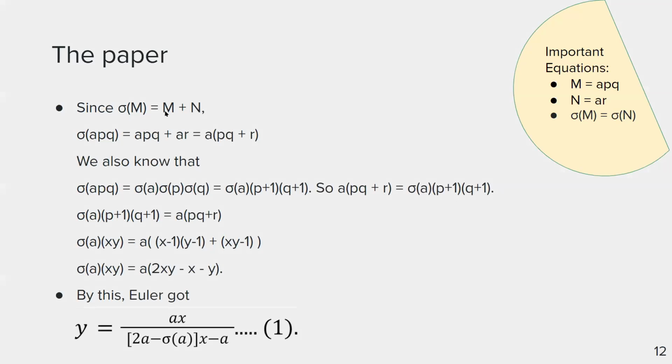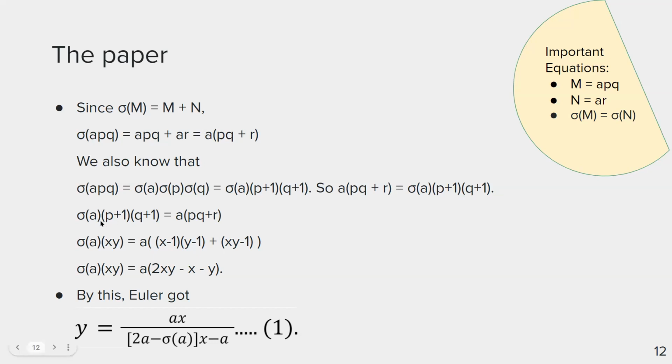Since sigma of M is equal to M plus N, sigma of APQ is equal to APQ plus AR, which is equal to A times PQ plus R. We also know that sigma of APQ is equal to sigma of A times sigma of P times sigma of Q, which is equal to sigma of A times P plus 1 times Q plus 1 because P and Q are prime. So A times PQ plus R is equal to sigma of A times P plus 1 times Q plus 1.